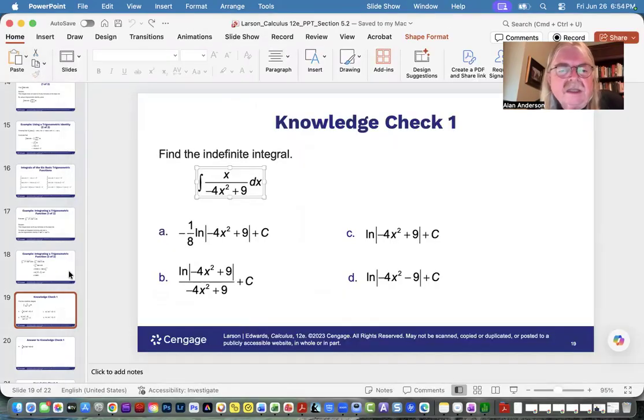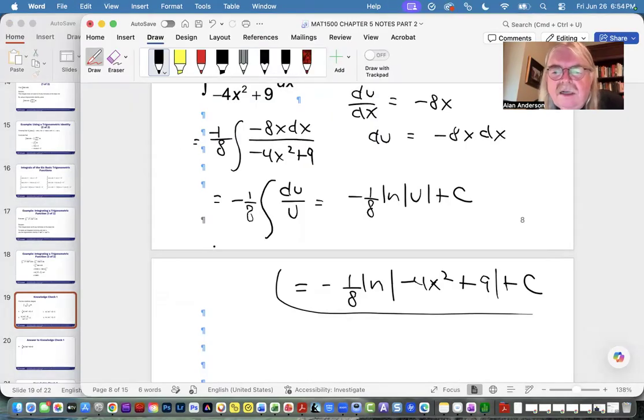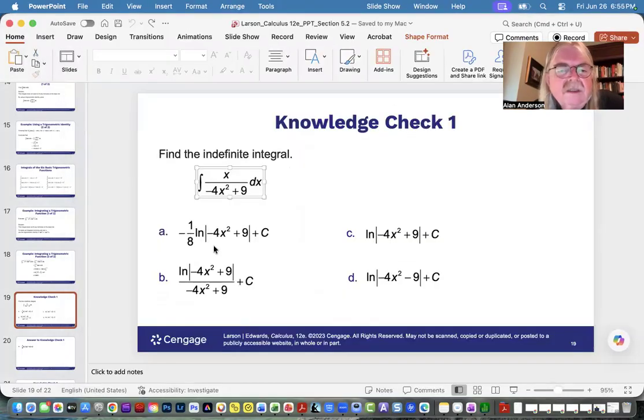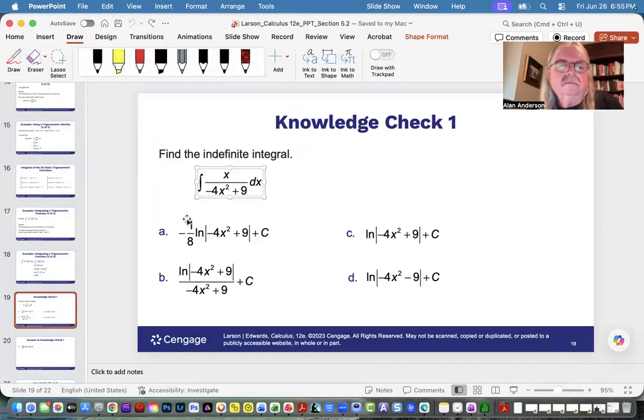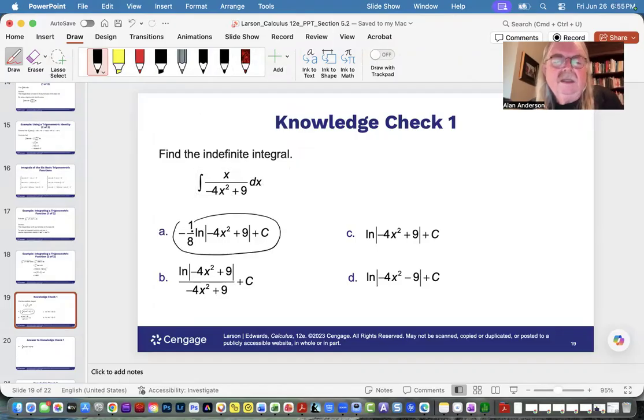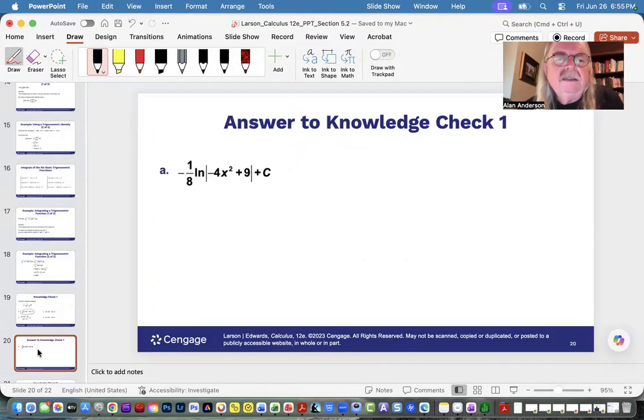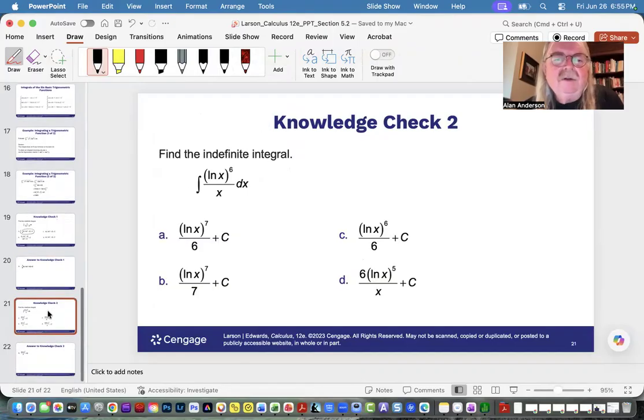So let's see which one that is. Negative 1/8, it looks good. Log of negative 4x squared plus 9 plus c. So it's A. Yes. All right, what about this one?